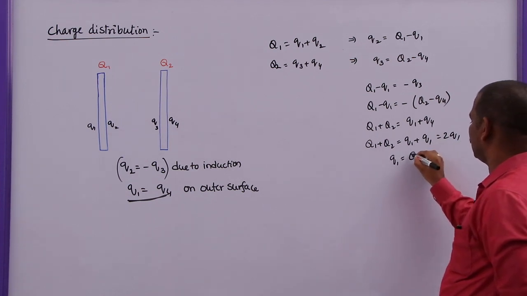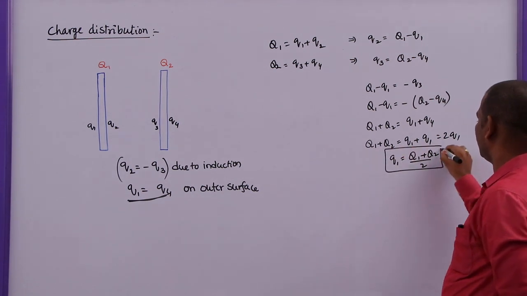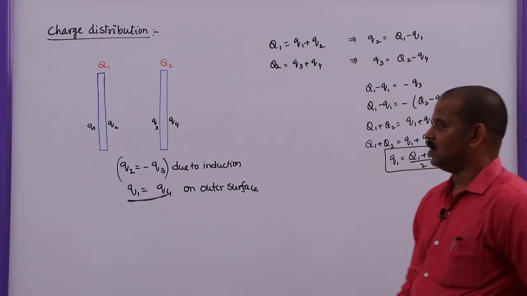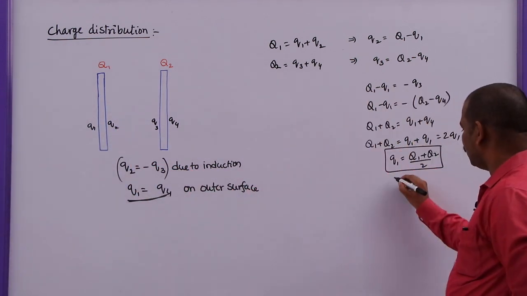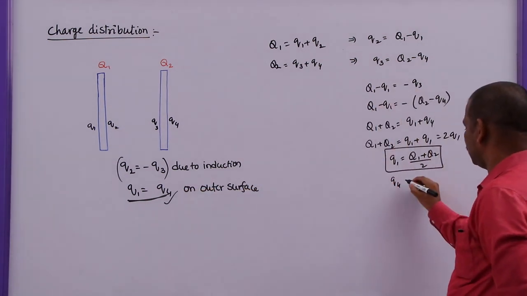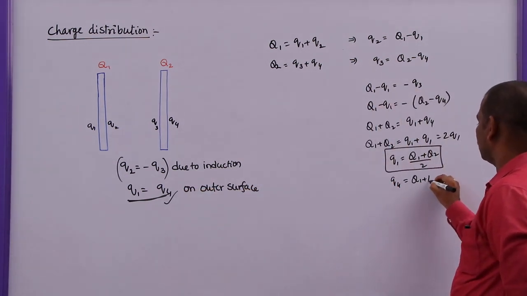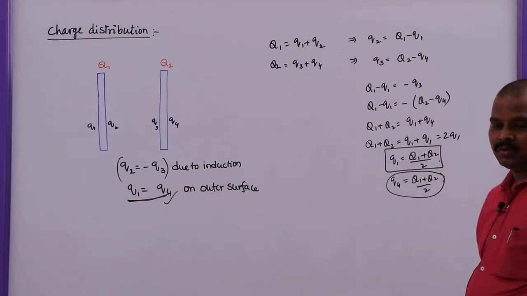So what is the q1 value now? This is Q1 plus Q2 by 2. So this is the amount of charge that will be present on the outer surface of the first conducting plate. So what about q4? We know that q1 is equal to q4. We can write q4 also as Q1 plus Q2 by 2. So this is q1, this is q4.